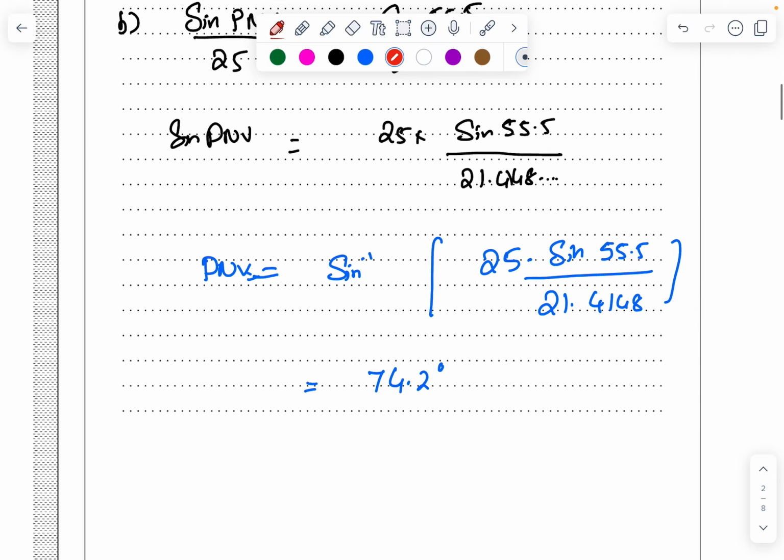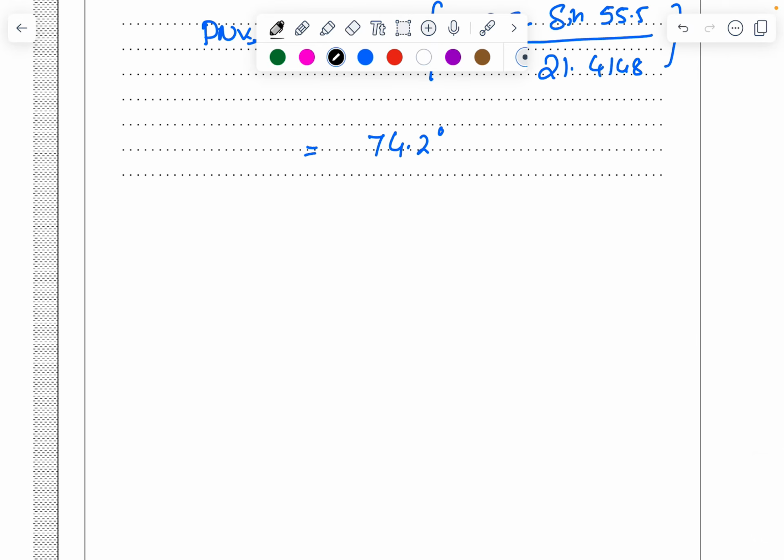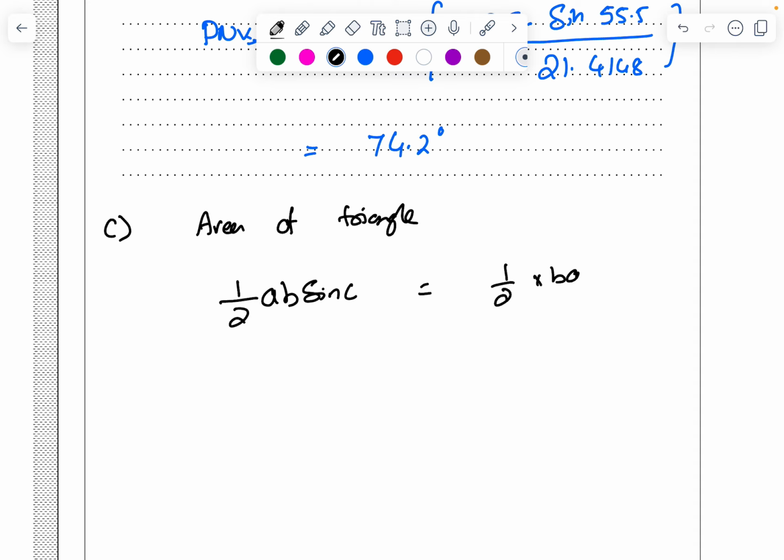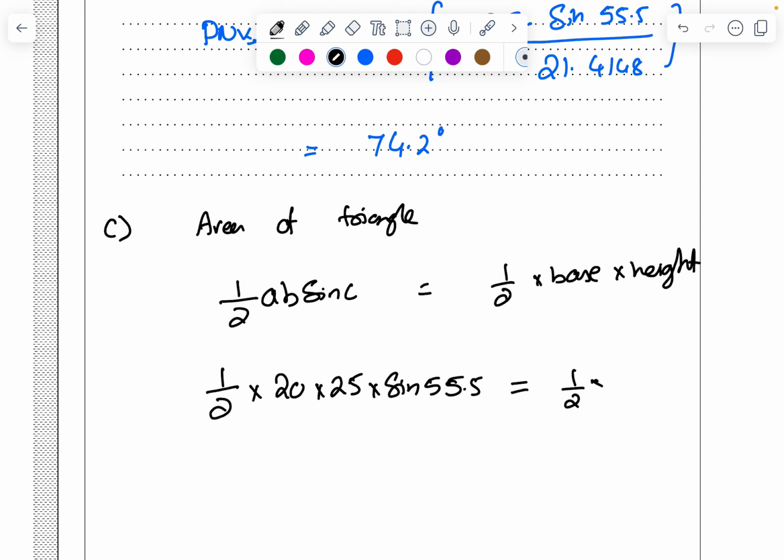I am going to use the area of the triangle concept. What is that? Area of triangle: I use half ab sine C should equal half times base times height. So half ab, a is 20, b is 25 times sine of 55.5 should equal half times base, which is 21.4148, times the height h.